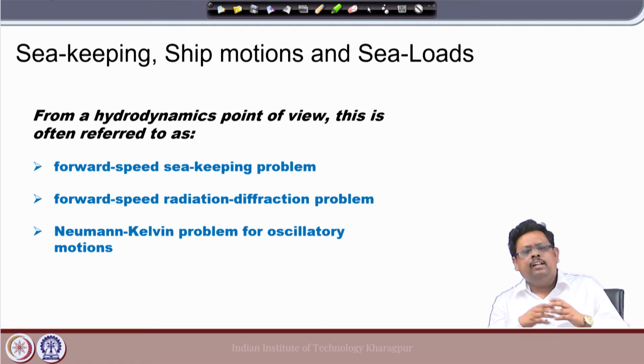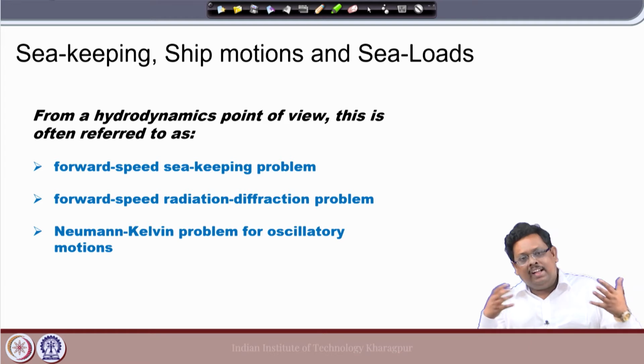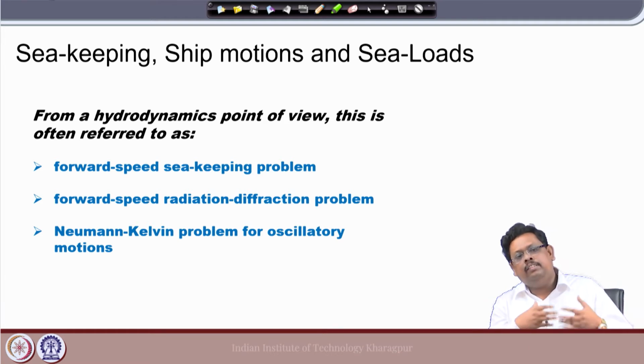So mostly when people refer to a seakeeping problem, they usually refer to it as a radiation diffraction problem. That does not mean that the restoring force, hydrostatics or the Froude-Krylov force have no influence on this. Of course they do, because frankly speaking, in many situations the major part of the force comes from Froude-Krylov or hydrostatics. There are situations where the radiation diffraction force is also very important, right?